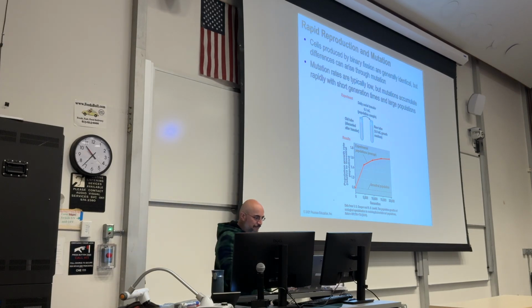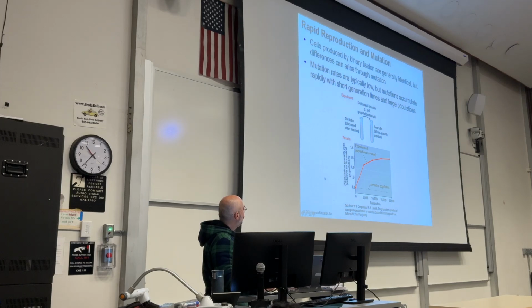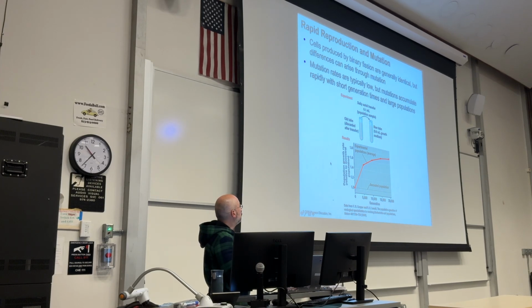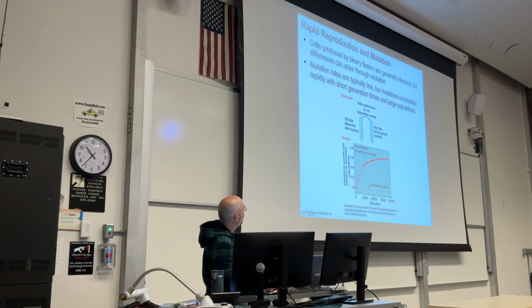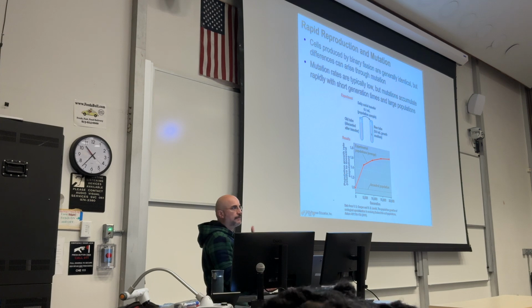Here we have an example of some researchers using Petri dishes and E. coli bacteria and doing serial transfer of populations. Daily they would transfer the old bacterial population into a new tube without doing anything else, just giving fresh media for the bacteria to grow.